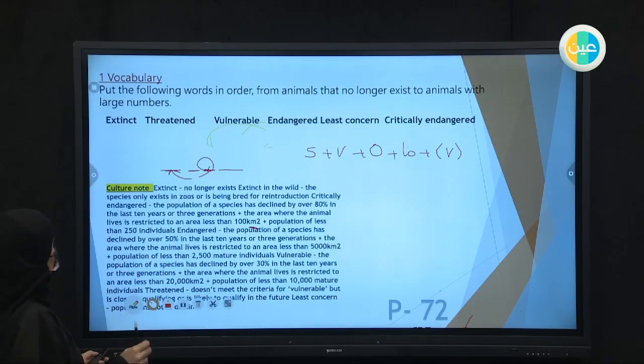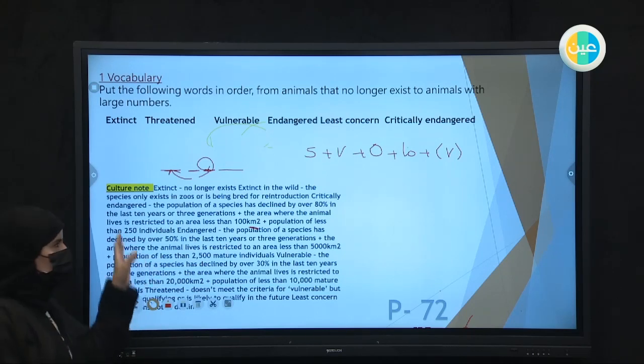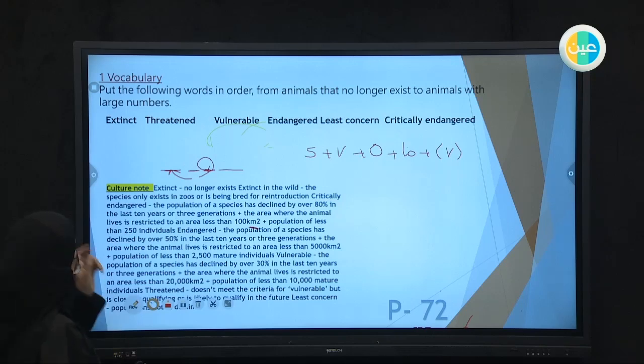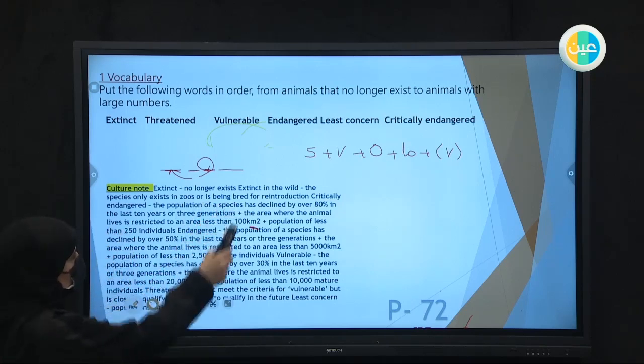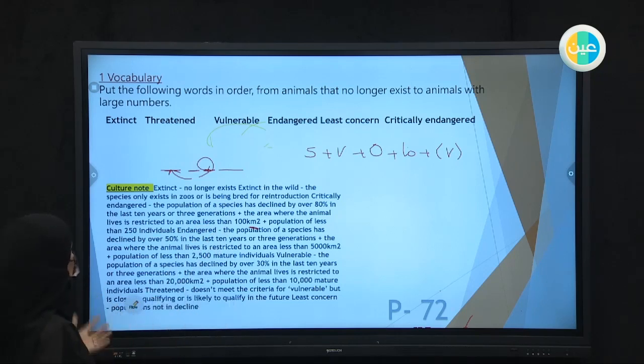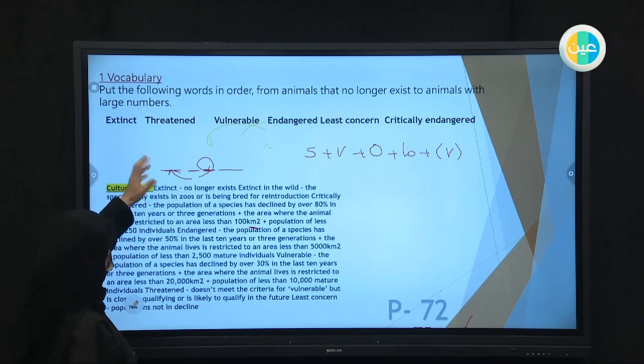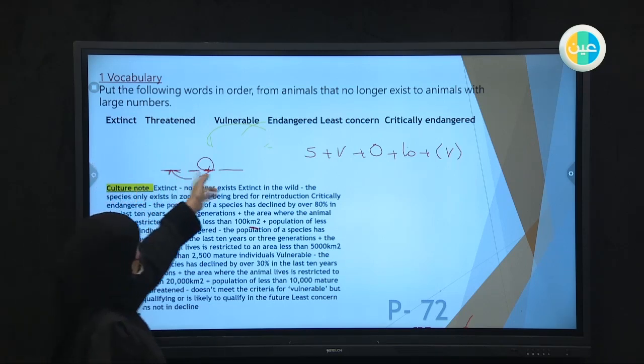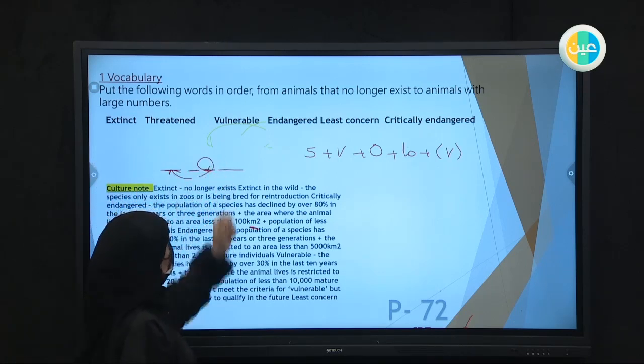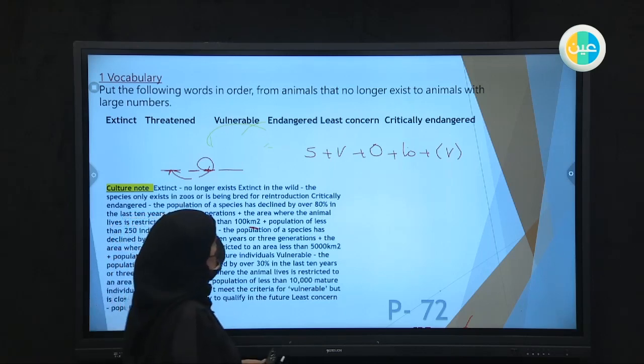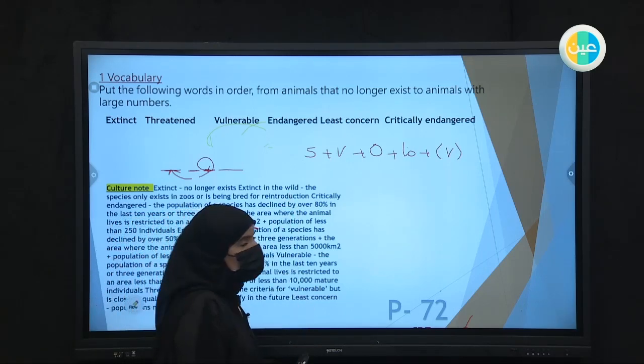The last one is vocab. I think we don't have time to do so, but I will read it as much as I can. Put the following words in order, from animals that no longer exist to animals with large numbers. عندك هنا extinct, threatened, مهدد أو منقرض, vulnerable, endangered, least concern, and critically endangered.